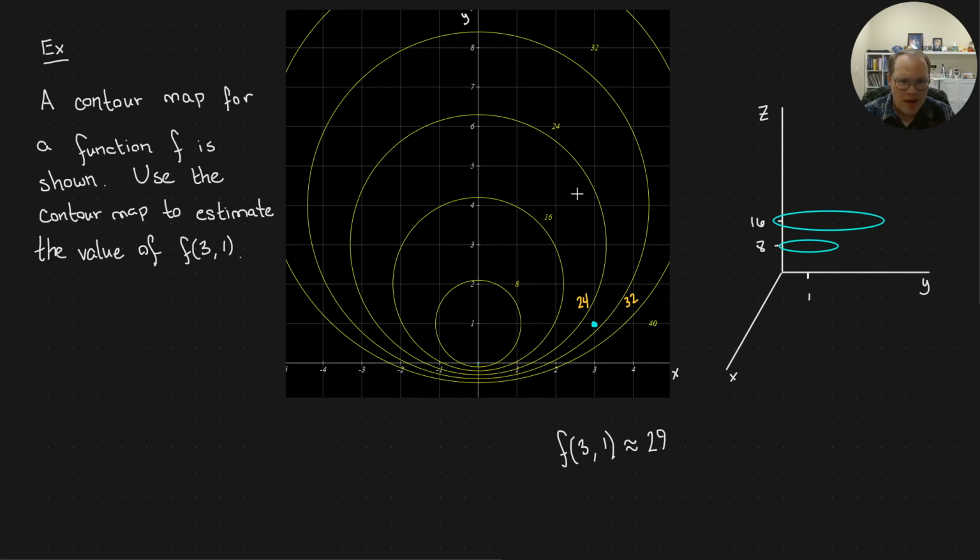Then the next height is 24. So I'm going up by 8 at each level here. At 24, it's a little further in the negative direction of the y-axis, but a lot further in the positive direction of the y-axis. And maybe I'll just go to 32 after that. I think I'll run out of room.